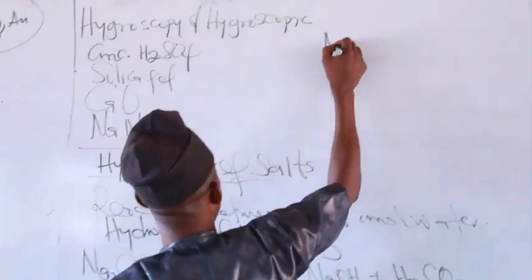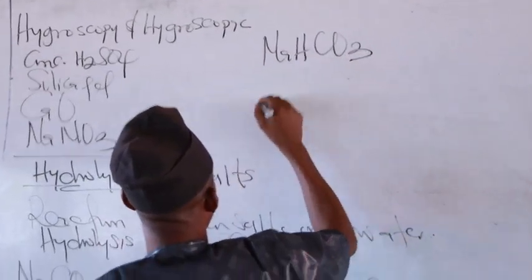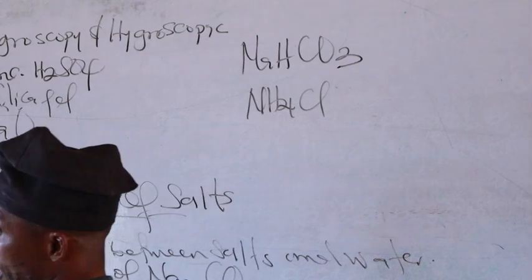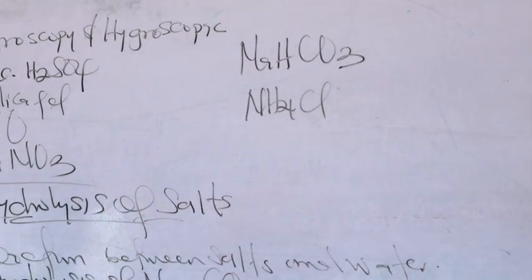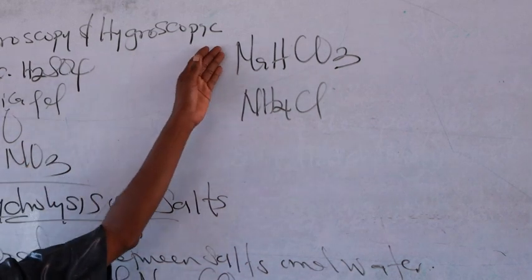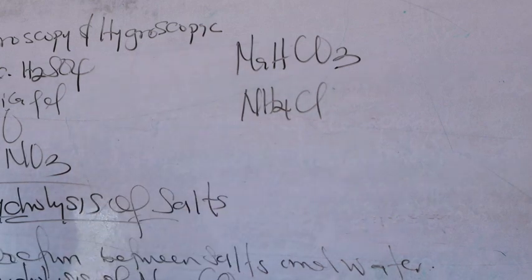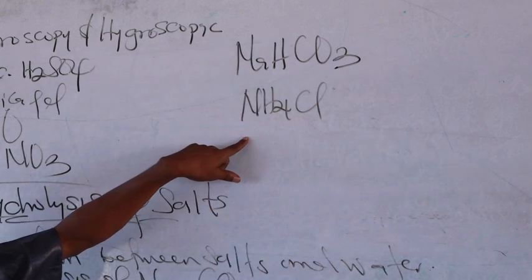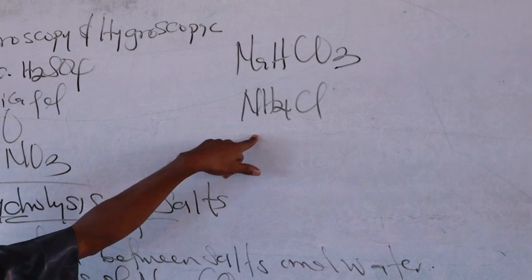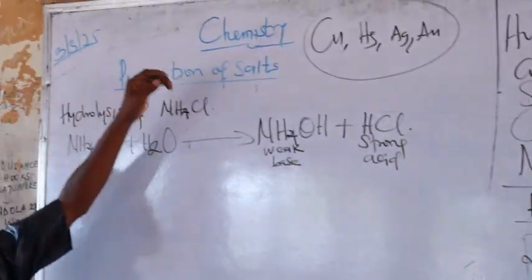If I write NaHCO3 and I write NH4Cl, what type of salt is this? Why are we now saying this salt is acidic in solution?